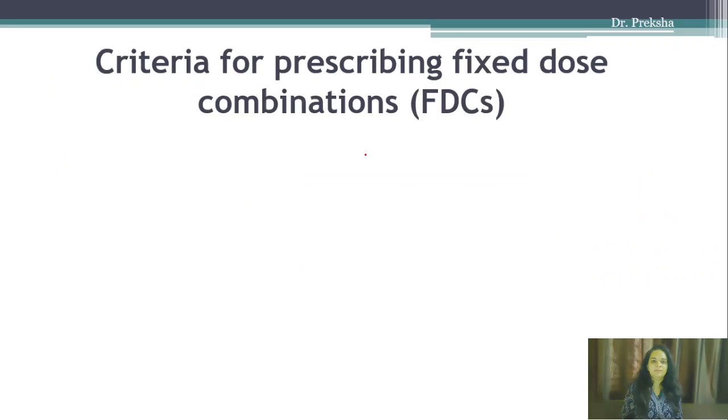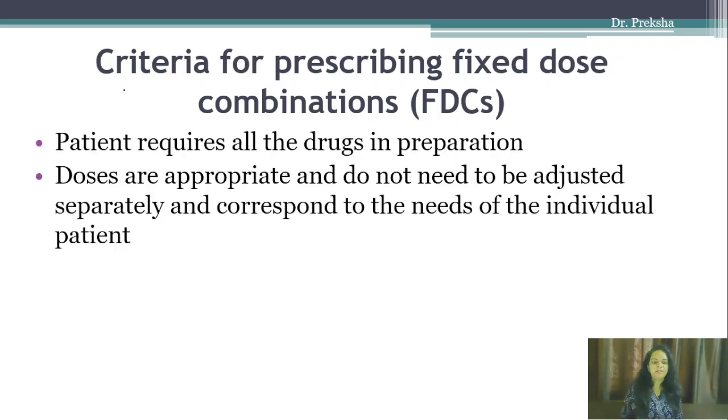Now let us discuss the criteria for prescribing fixed dose combination to the patient. So the first criterion is that the patient requires all the drugs in the preparation. That is the first criterion for FDC prescription. Doses are appropriate and do not need to be adjusted separately, and it corresponds to the need of the individual patient.